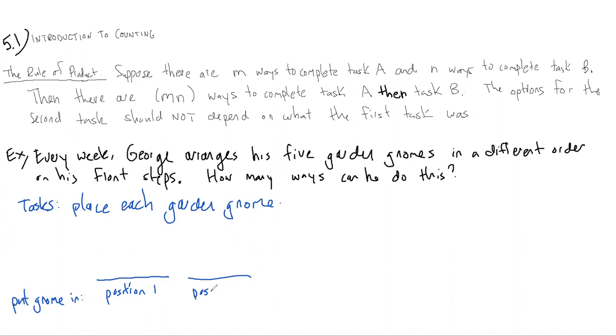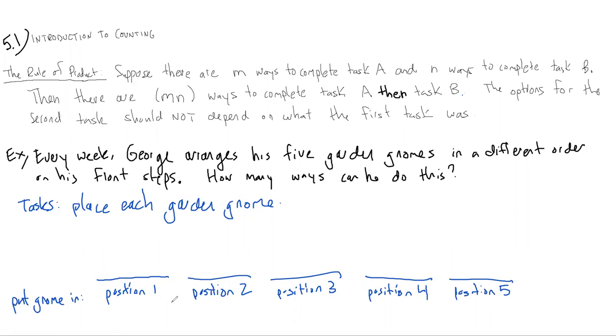And then we'll have position 2, position 3, position 4, and position 5. And so if we are completing this task of placing the garden gnomes, then the action between each of these is the word then.